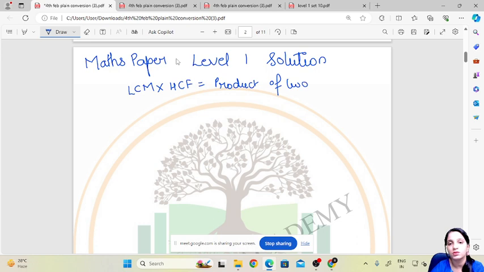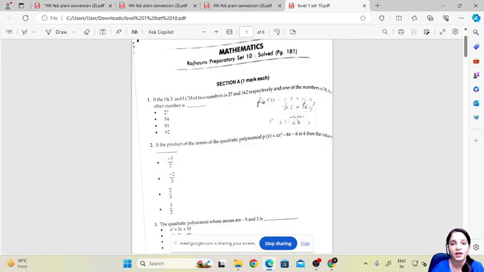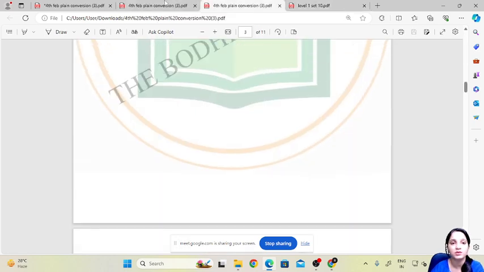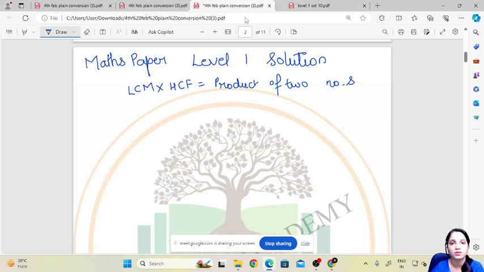two numbers. Here the LCM and HCF are given as 27 and 162, and one of the numbers is 54 and the other number, let us take it as x.